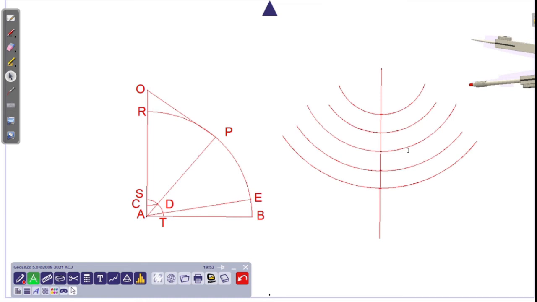Now we will draw the 7 longitudes on the standard parallel. This line is the standard parallel. For drawing the longitudes, we need the value of the tangent points C and D. We need this value.